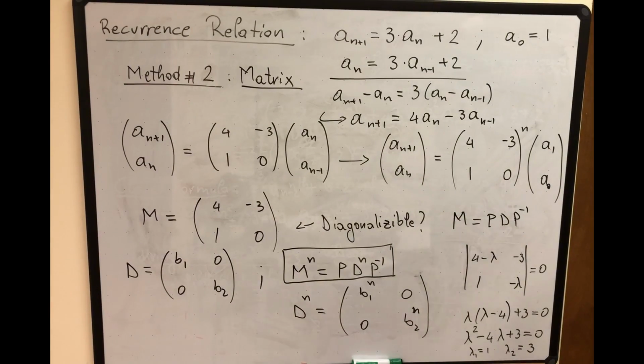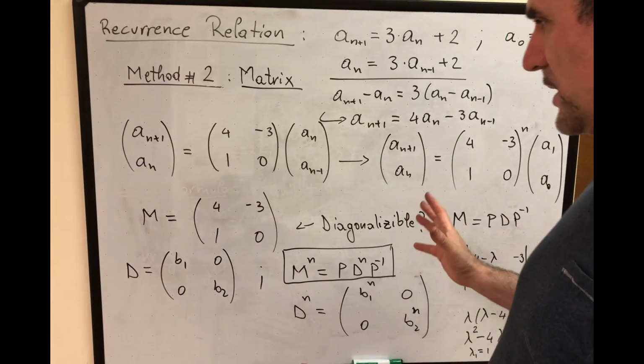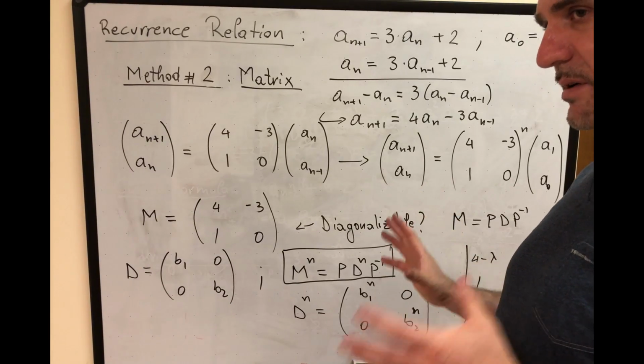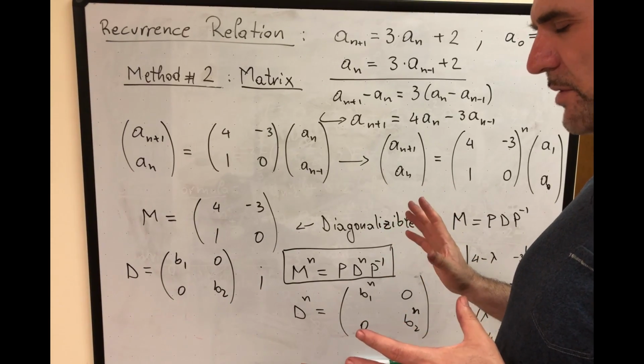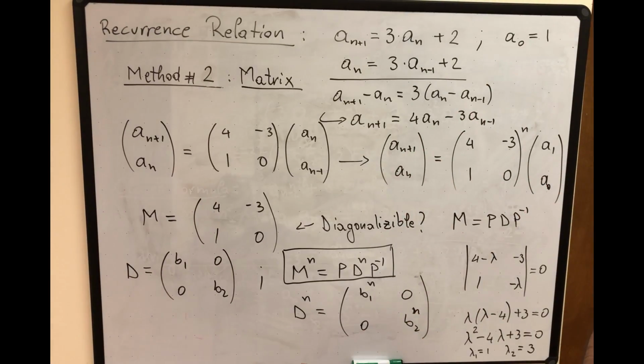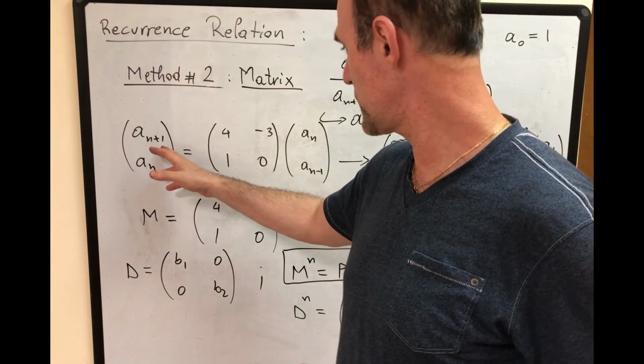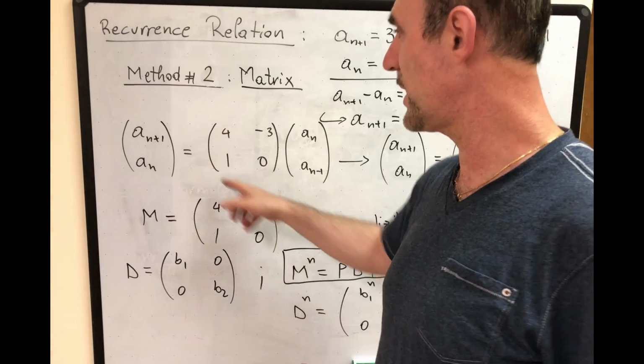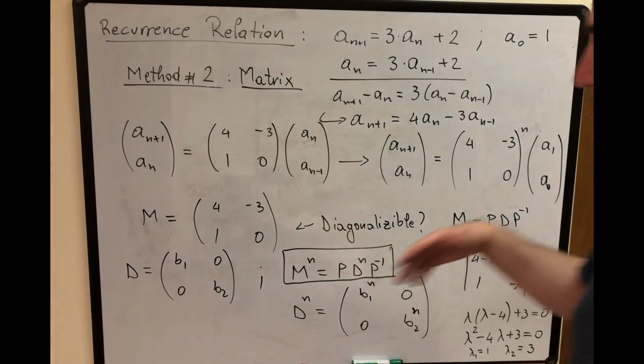Now, what's the point of this? The point is that this is similar to the geometric progression, or geometric sequence, but in matrix form. So you go from n plus 1 to n multiplying by a matrix. And you understand the pattern.